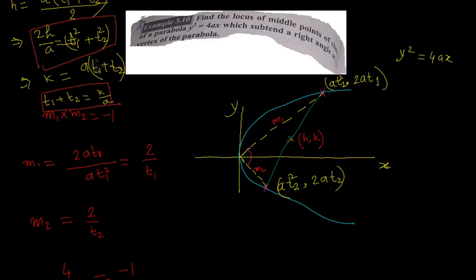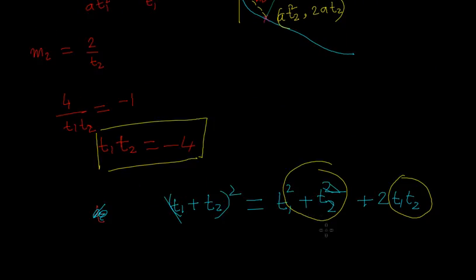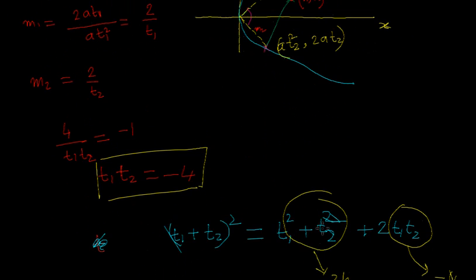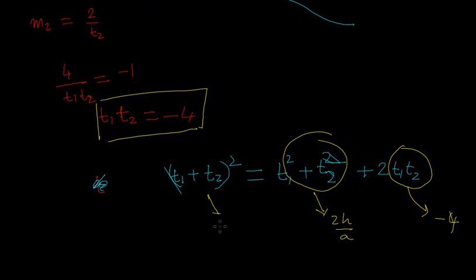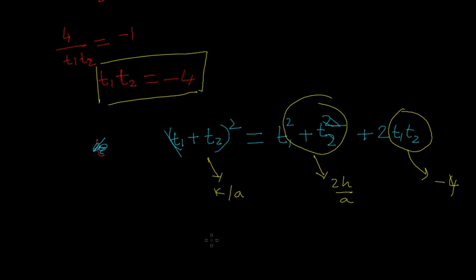So t1 plus t2 whole square is equal to t1 square plus t2 square, that is 2h by a, and here you put 2 t1 t2, which is minus 4 times 2, so 2h by a minus 8. Next, t1 plus t2 is k by a. So k square by a square is equal to 2h by a minus 8.